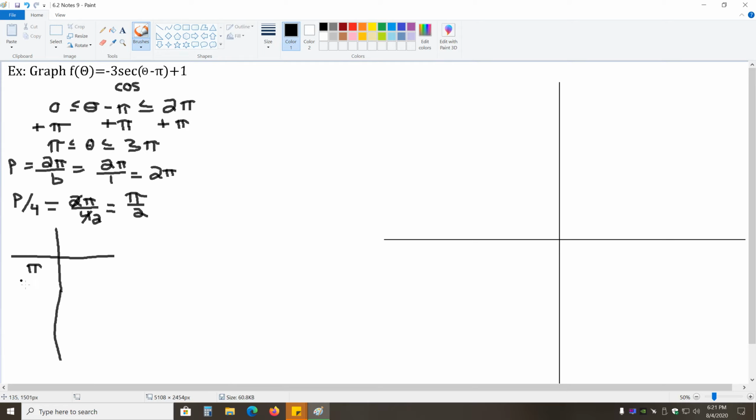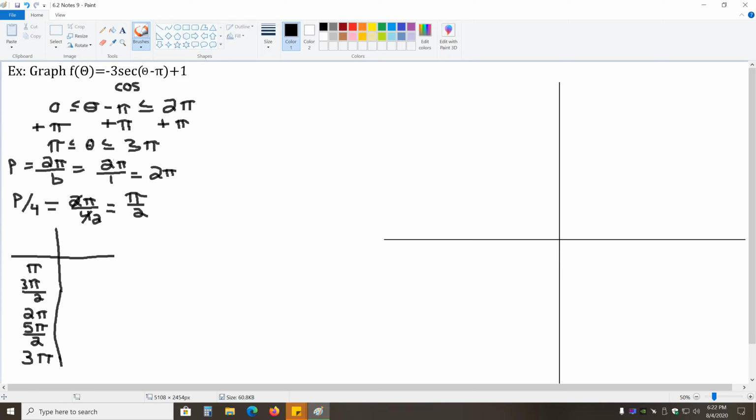So pi plus pi over 2 is 3 pi over 2, plus pi over 2 again is 4 pi over 2, or 2 pi, plus pi over 2 again is 5 pi over 2, plus pi over 2 again is 6 pi over 2, which is 3 pi. And remember, we always do a quick check. Do our first and last values match the values of our inequality? If they do, then we've probably done this correctly.